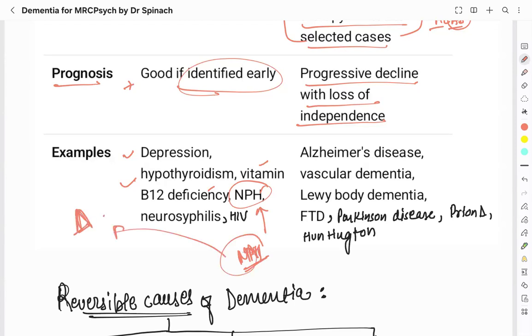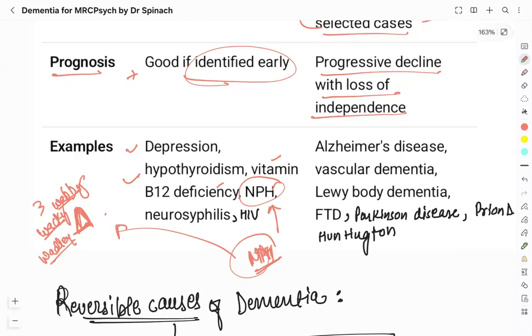It's called the wet, wobbly, wacky triad, something like that. I think there is incontinence, that is urinary incontinence. Then there is a problem with gait, they are not able to walk, so ataxia is there. And then, since we are talking about dementia, there is memory loss or cognitive dysfunction. Please correct me if I'm wrong.